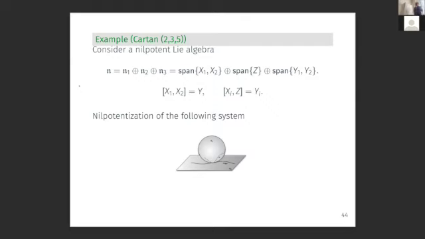Next, let's do another lower dimensional case, which is called Cartan 2-3-5, where the flat model is given by this space here, where you have a Lie group of step 3. So if you have a nilpotent group, if you take any triple bracket, it will disappear.